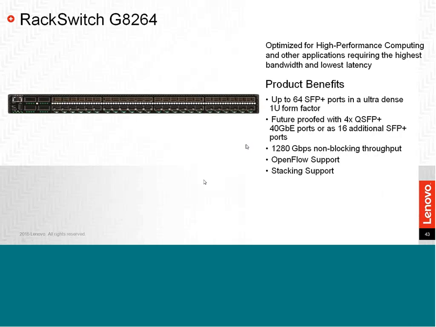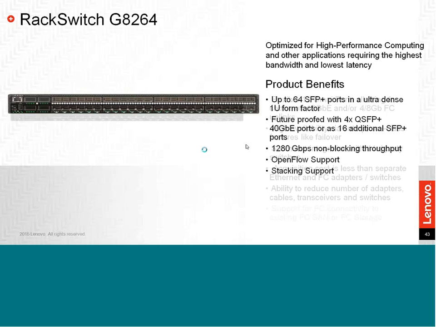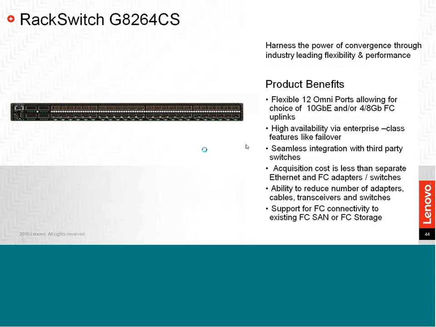So if you have a Flex chassis, there is a 64-port 10 gig switch that is the peer of this G8264 switch that provides all the same functionality. Now this is our converged switch.